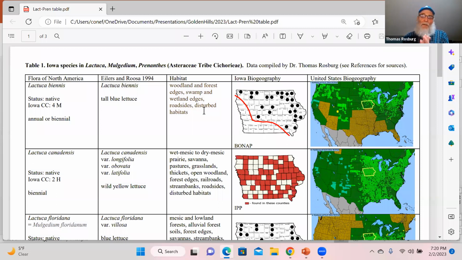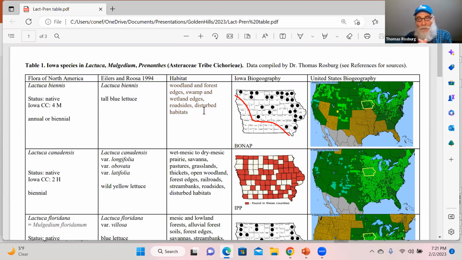So I put this together because this is a good summary of some of the ecology and biogeography of the species that we're dealing with. And I want people to know what the Iowa biogeography is. It may be true for some of these species, certainly at least some of the Prenanthes.